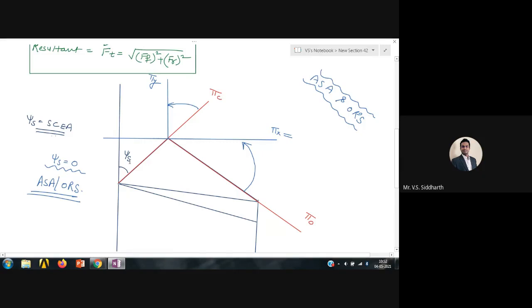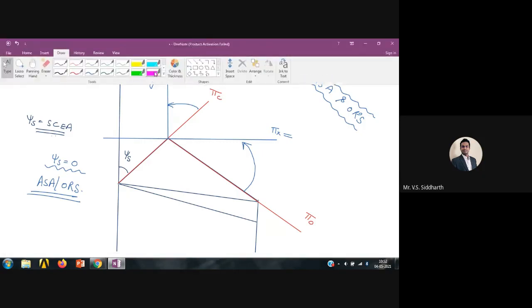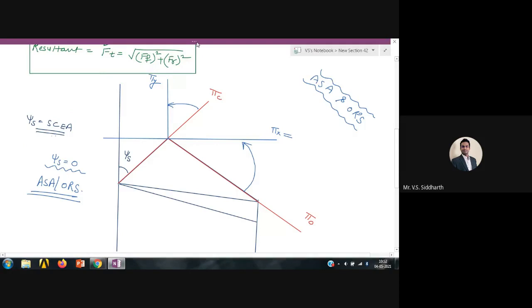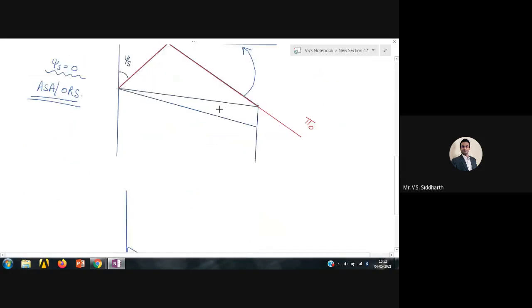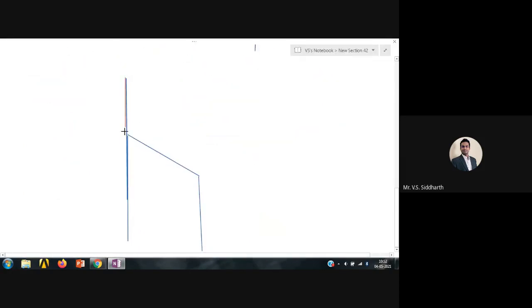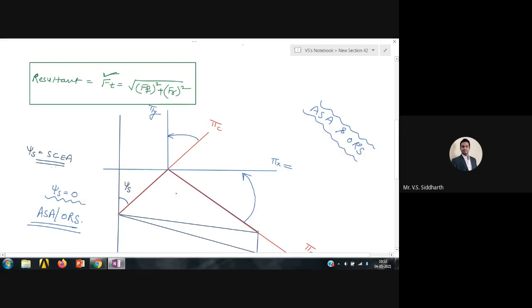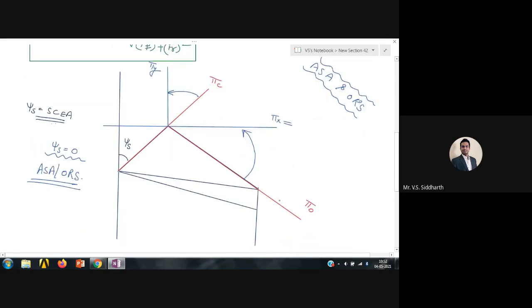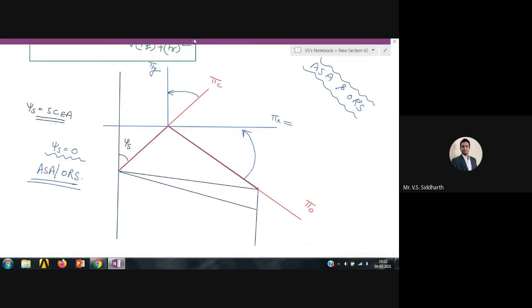And the pi c plane, since this angle has become 0, this pi c plane, which was red in color, will also align with this. So pi y plane and pi c plane both have now become the same. Similarly, this pi naught plane and pi x plane both will become the same.